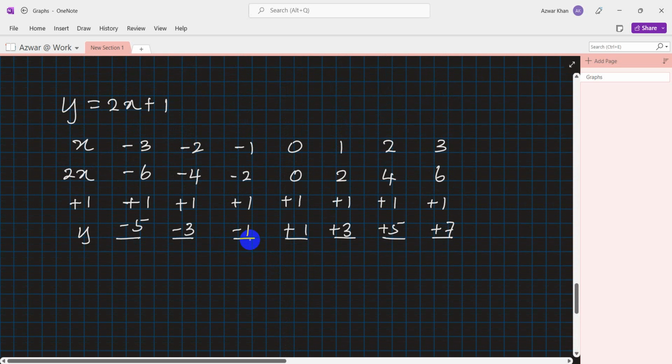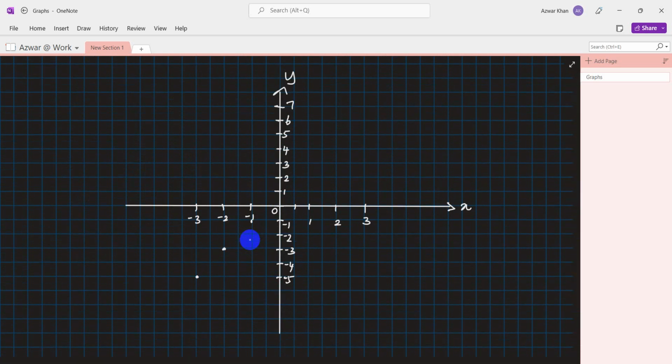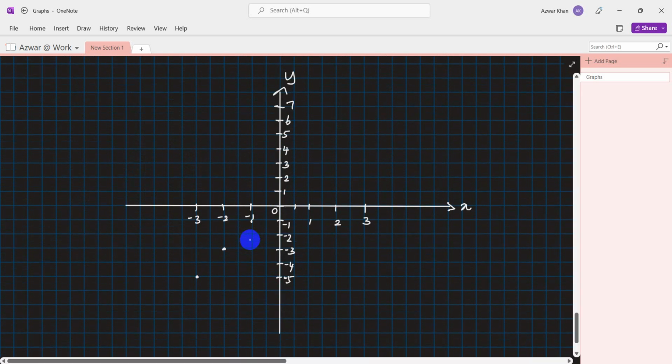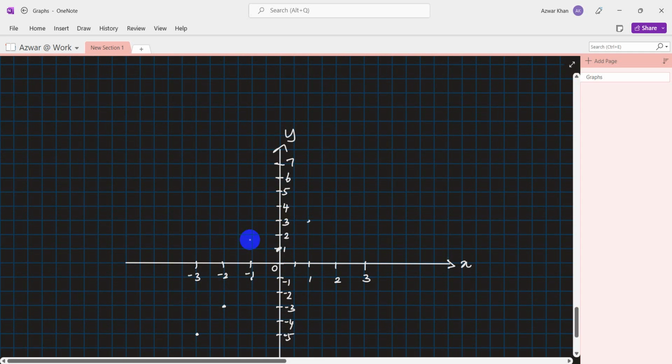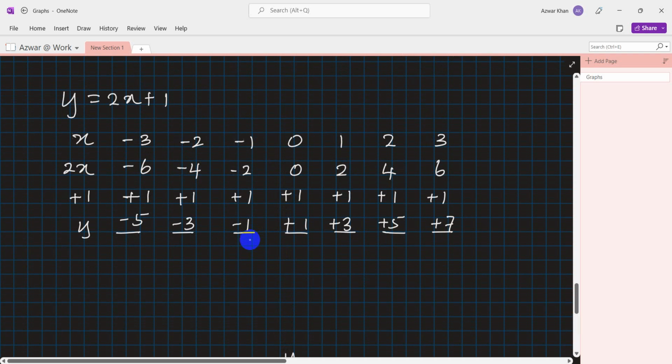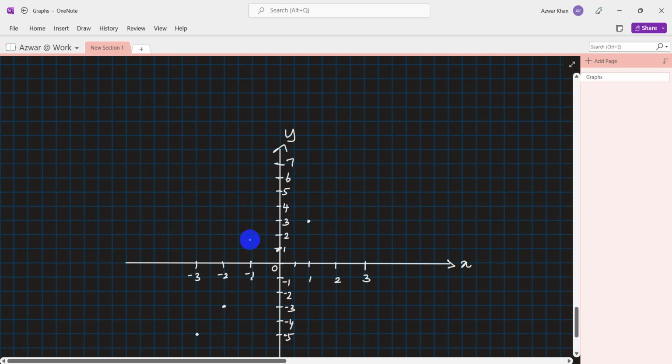Then we have 0, plus 1. So its y value is 1, so it's always on the y-axis over here. 1, plus 3, so my x value is 1 and the corresponding y value is plus 3. 2, plus 5, 3, plus 7. 2 and 5, 3 and 7.